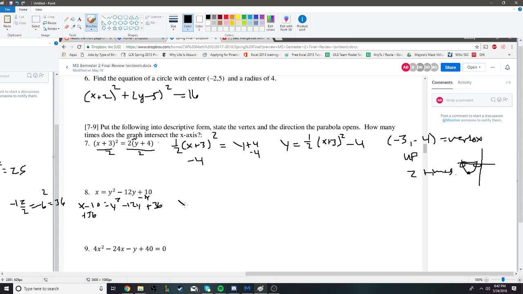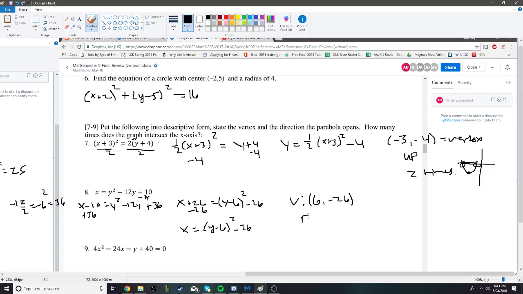So this becomes x plus 26 is equal to y minus 6 squared. And then I'm going to subtract that 26 from both sides to get x equals y minus 6 squared minus 26. Vertex is at -26, 6.